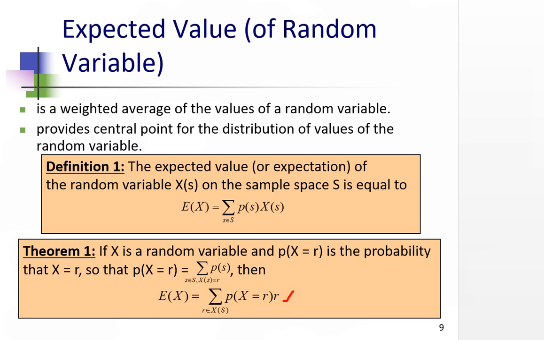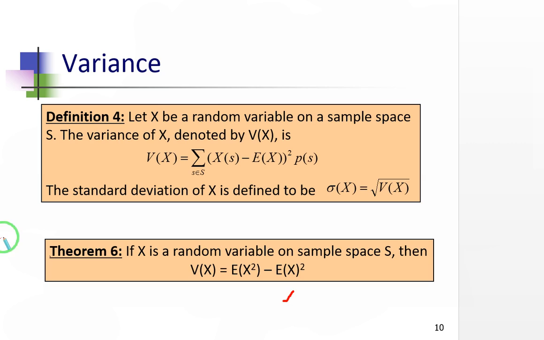Then we have the formula for variance. Let X be a random variable on a sample space S. The variance of X, denoted by V(X), is defined in this form. Variance is like a power in the form of a square. The standard deviation of X is defined to be sigma(X), equal to the square root of V(X).